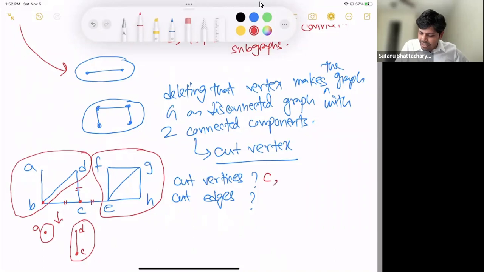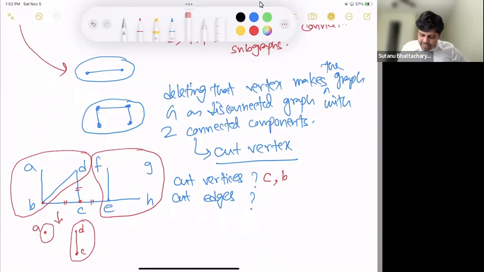So C and B both are cut vertices, because if you cut those vertices from the initial graph, the graph will be disconnected. But if you delete G, nothing will happen. The graph will remain connected. Let's see if that is true. I'm deleting G as well as all incident edges of G. Still it is connected, right?